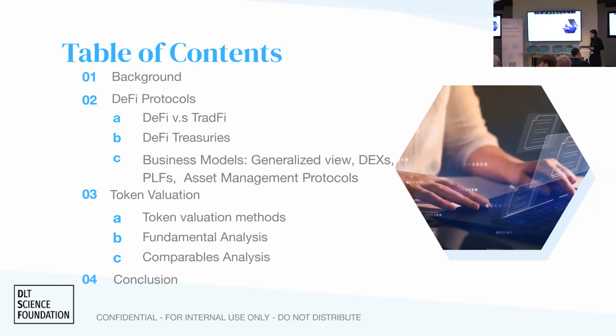And then we're going to use comparable analysis, where we use different comparables, such as market cap to revenue ratio and so on and so forth, to look at whether a token price is overvalued or undervalued. And we'll also look at the time series to see the trend. You'll see all these later on anyway.